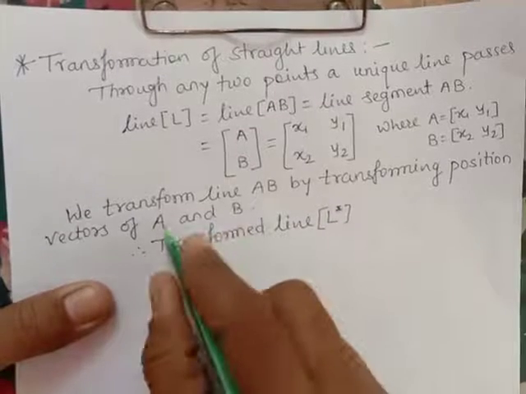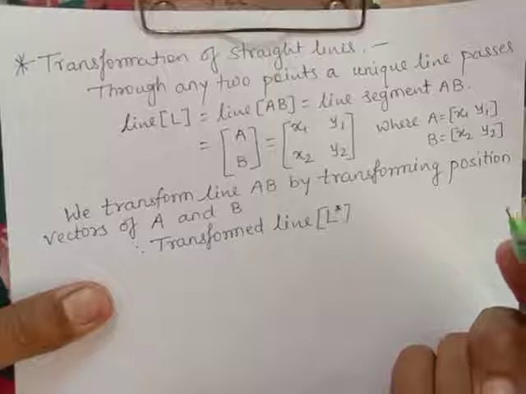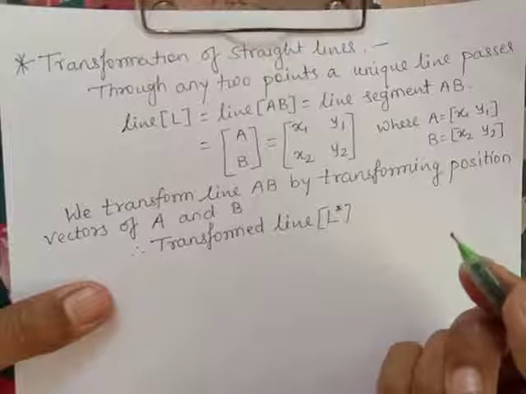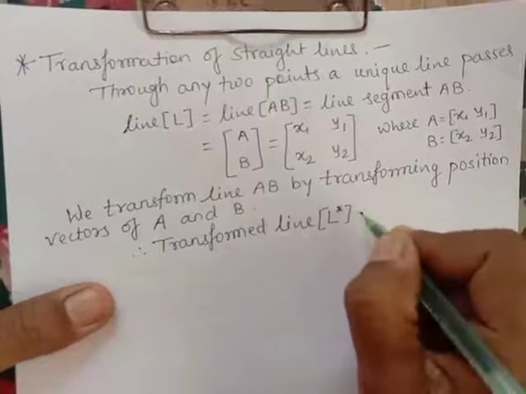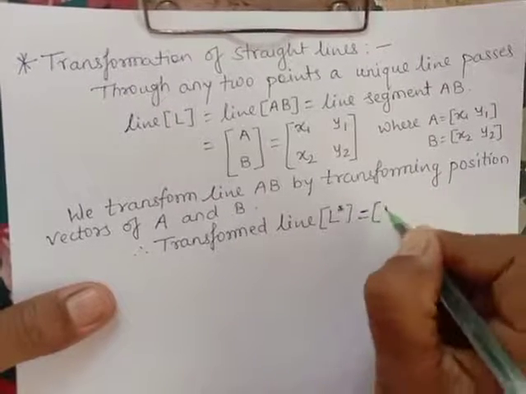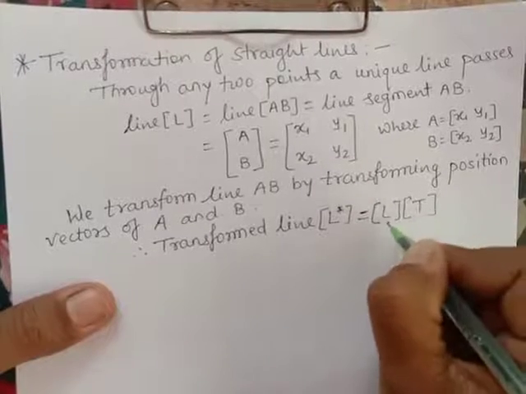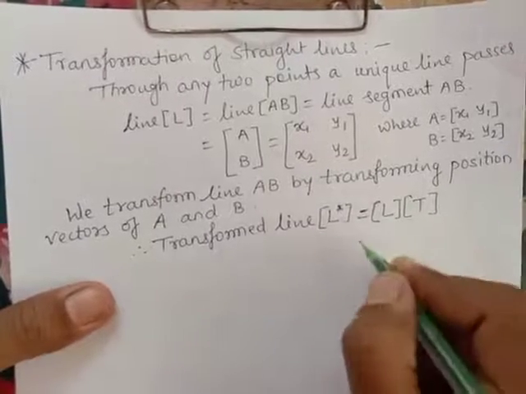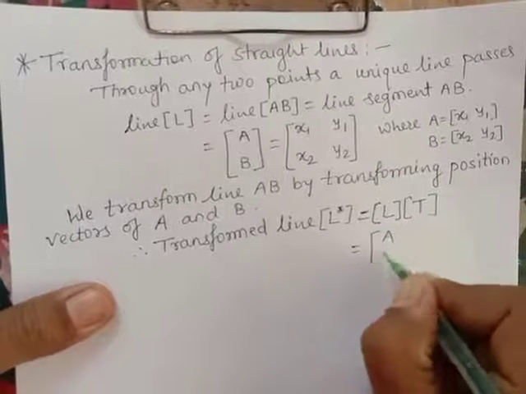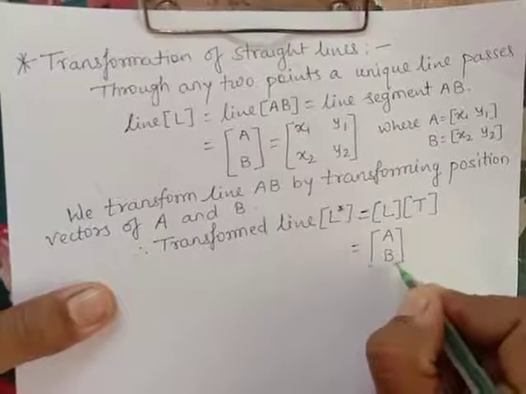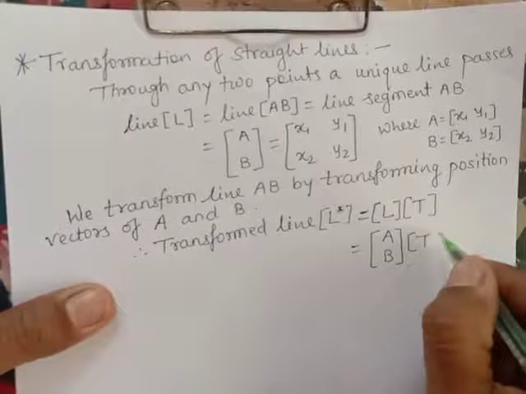Obviously, point A will transform to a new point, let us name it A star, and B will transform to a new point, let it be B star. So the transformed line L star will be obtained by applying a transformation matrix on our original line. Here our original line has the points A and B, and we will apply this T on them.